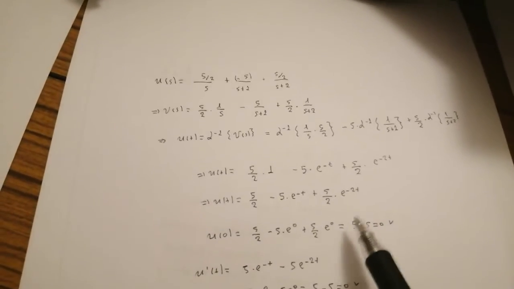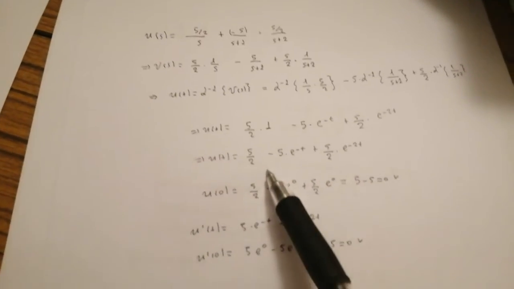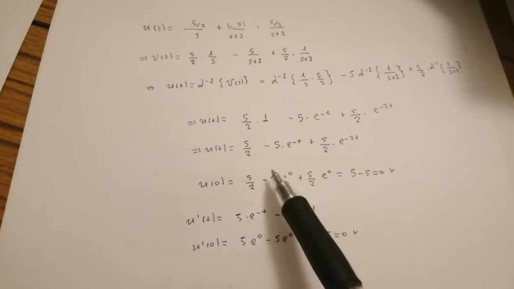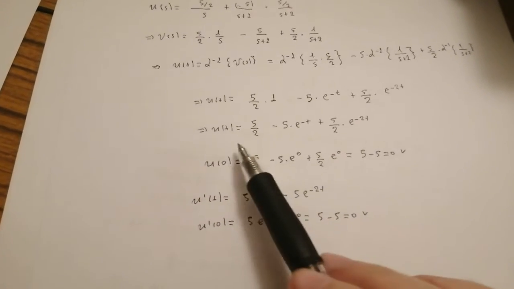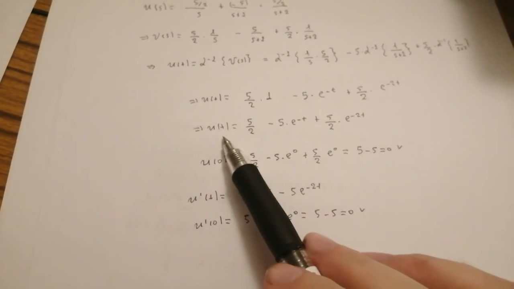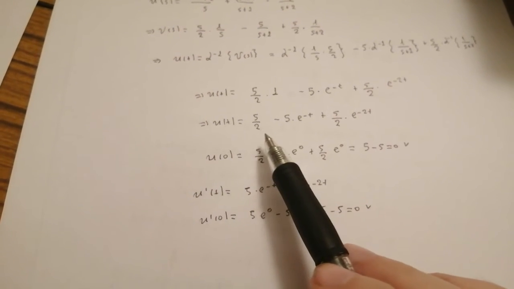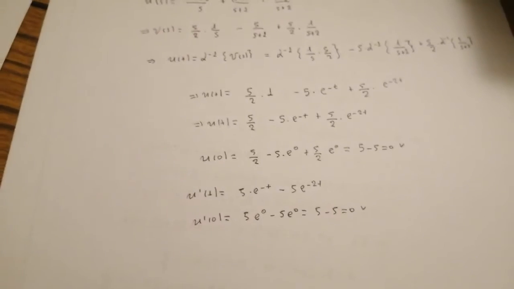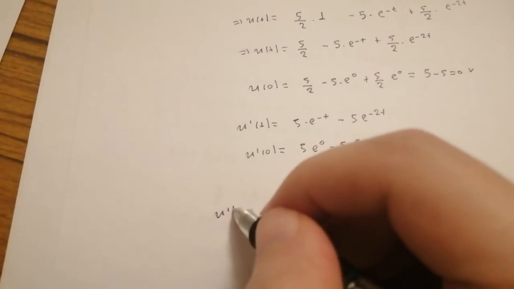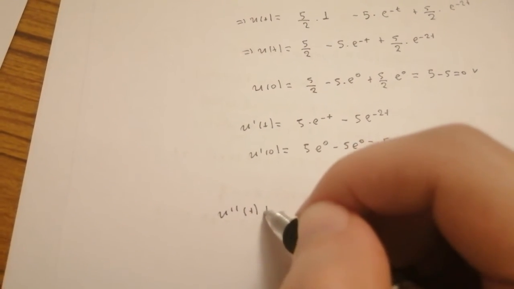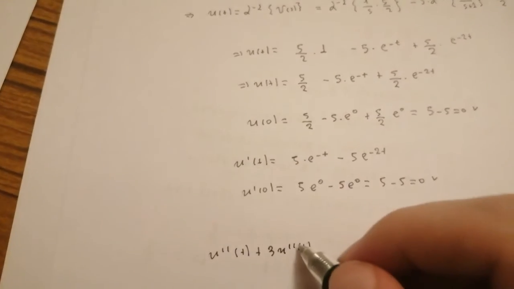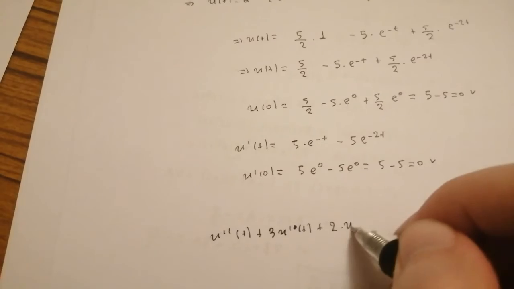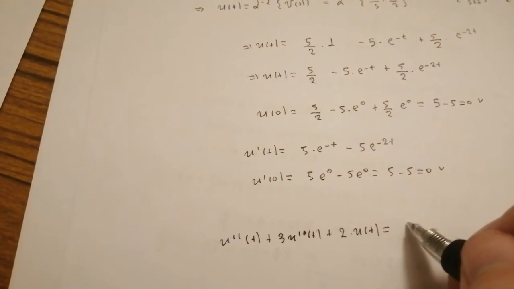Another thing that you can do is take this solution. It's not necessary, but you can check if this function satisfies your second order ordinary differential equation. So check if u double prime of t plus 3 u prime of t plus 2 times u of t is equal to 5. Let's do the calculations.